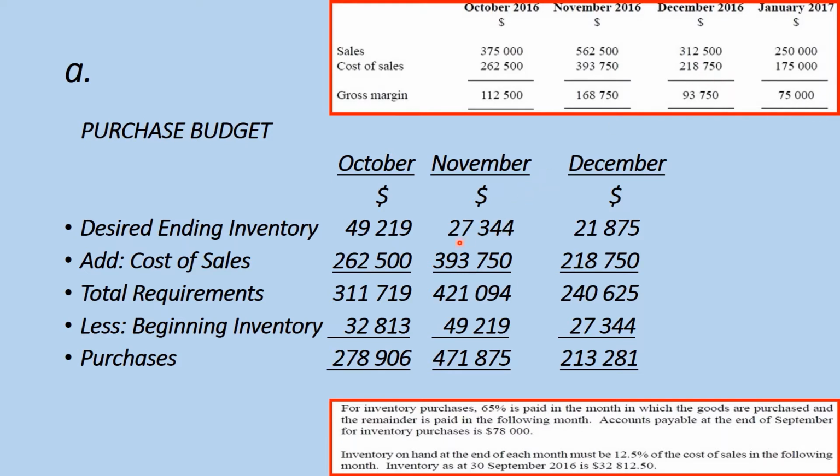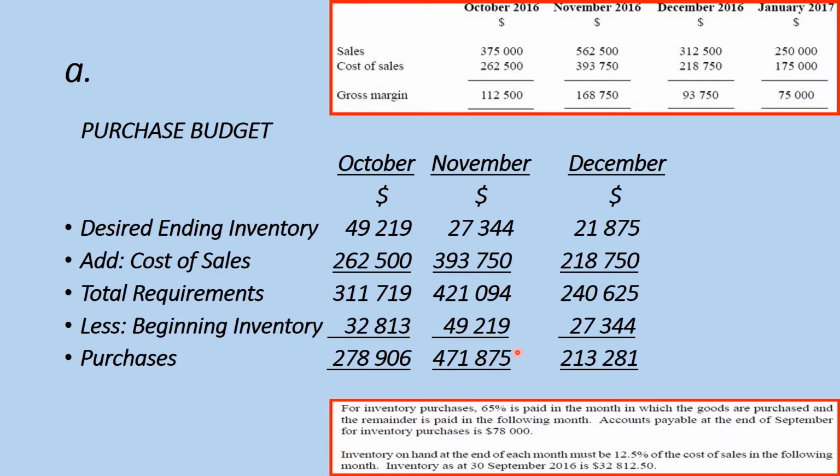We will get 27,344. We add that on to November's cost of sales, 393,750, and we get 421,094. That's our total requirements. We minus the beginning inventory, what we got from up here, and we get our purchases for November.